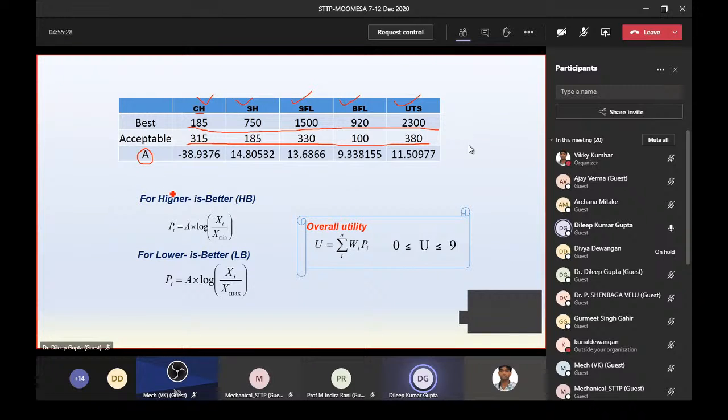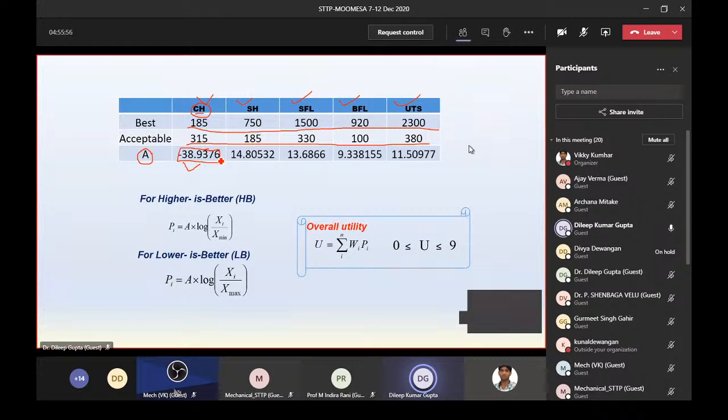This A is applicable for each criterion and does not vary with respect to the alternatives. Whenever we are dealing with core hardness, the A value will be the same for all alternatives. So for CH, minus 38.93 will be the value of A.